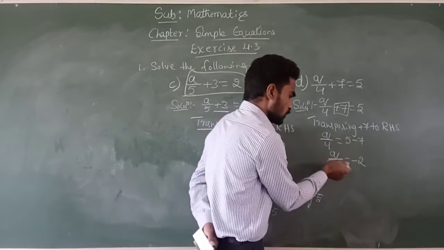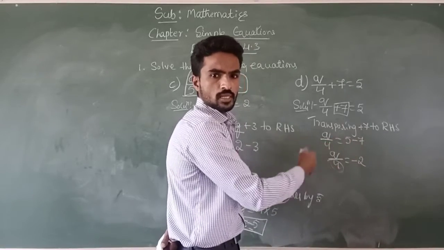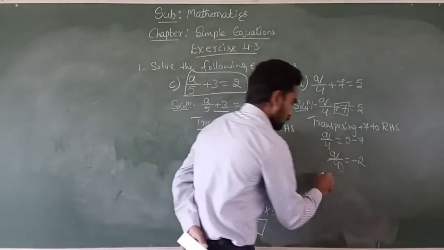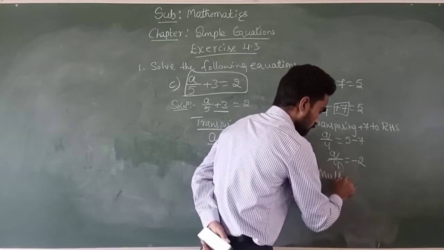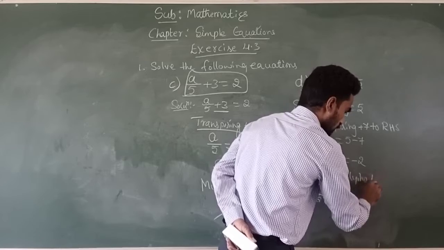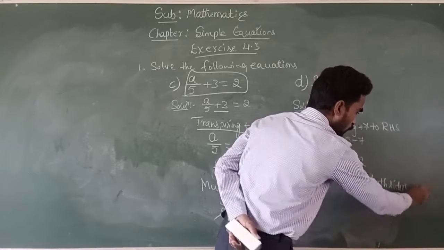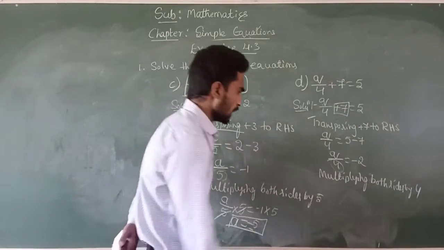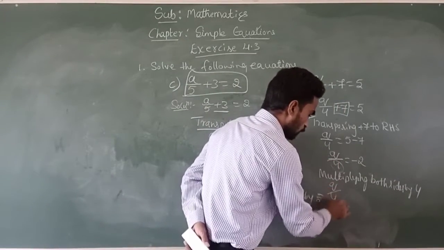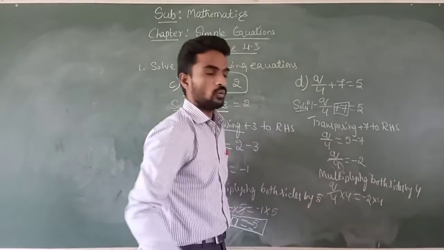For cancelling this 4, we can multiply both sides of the equation by 4. Multiplying both sides by 4, we get q divided by 4 into 4 is equal to minus 2 into 4.